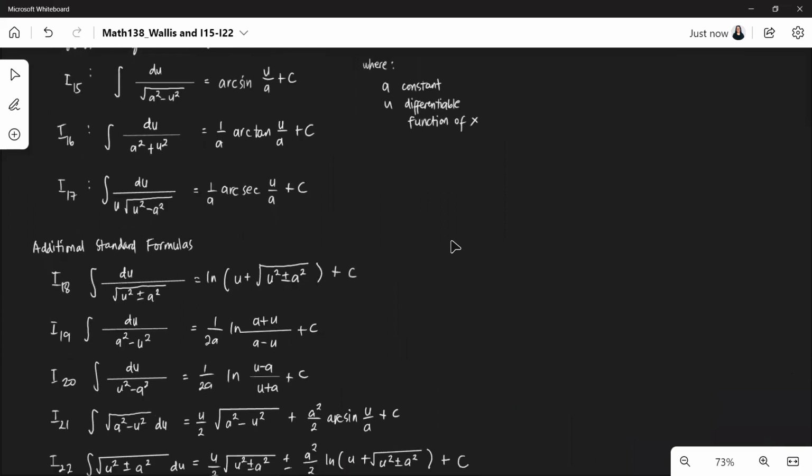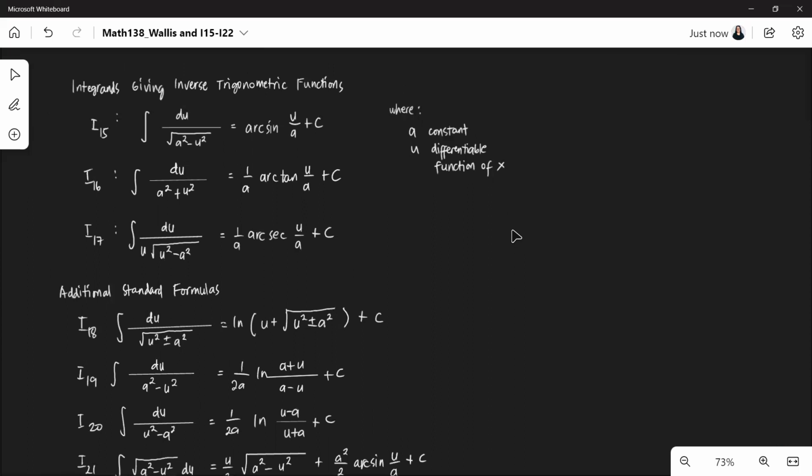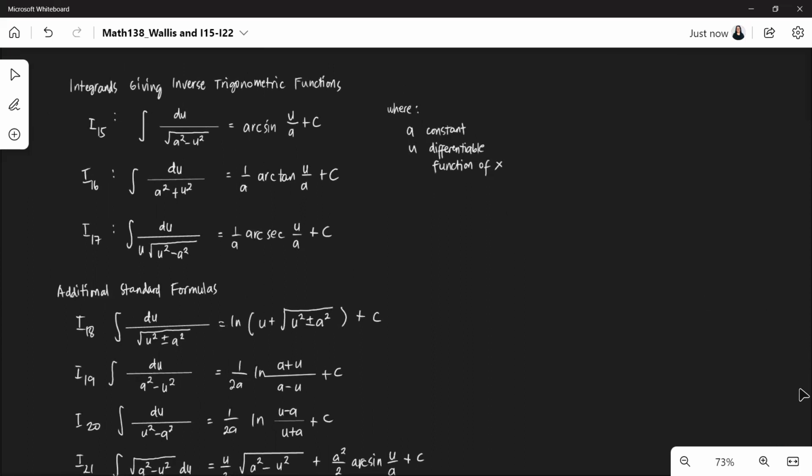We can actually derive these formulas from those methods: algebraic substitution, trigonometric substitution, etc. So that's for I-15 to I-22.